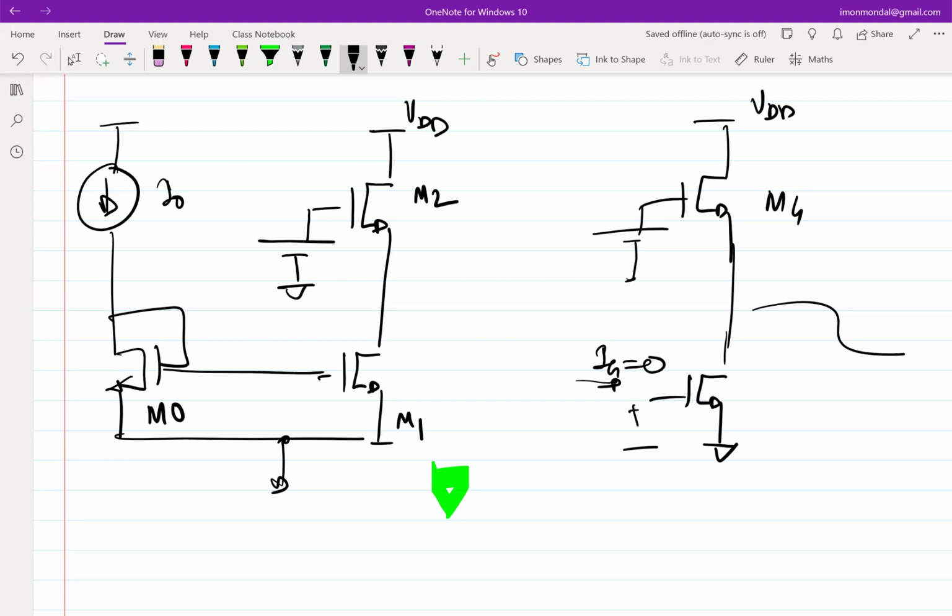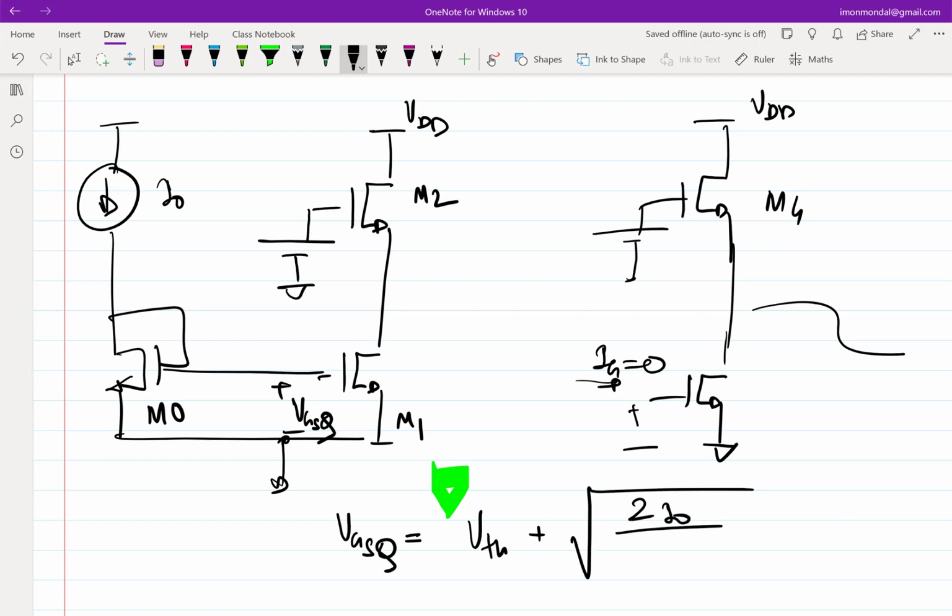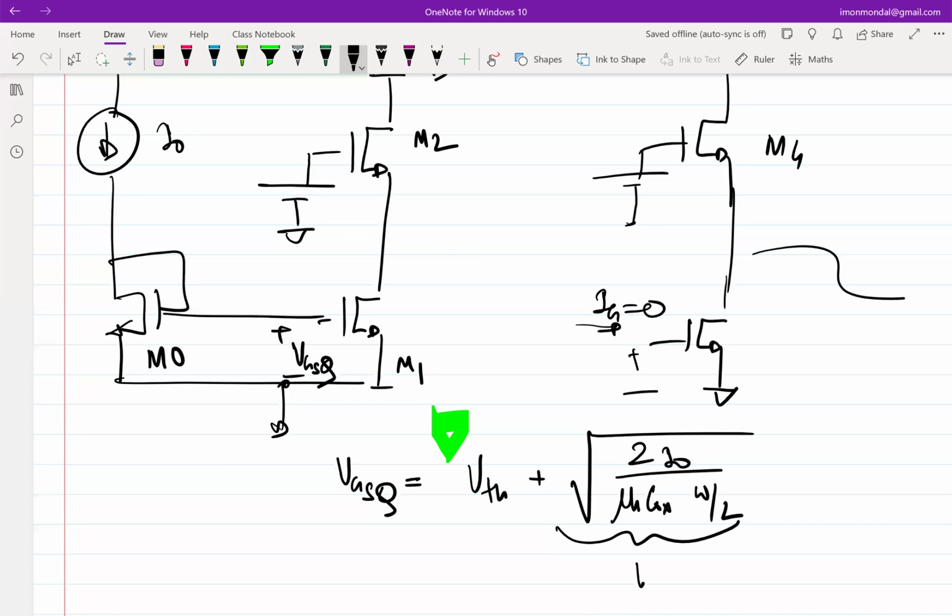For that, we first need to figure out what this voltage is, which is VGSQ. Now this VGSQ is nothing but the threshold voltage of M0, which is same for all transistors because they are sitting on the chip, plus the square root of 2I0 by UNC ox W by L. Okay, so this, by the way, is also the overdrive voltage, right?